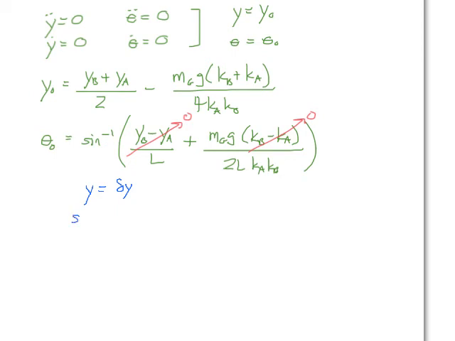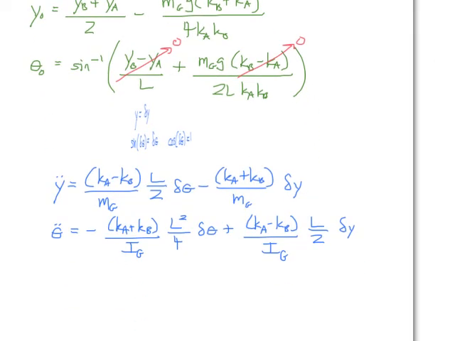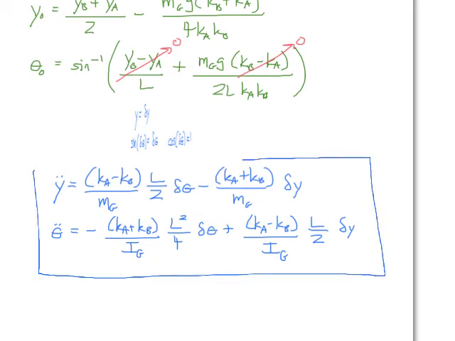So we say that sine of a small angle is equal to that small angle itself, and then cosine of a small angle, so delta theta, is equal to 1. And when we apply these to our equations of motion, we get much nicer looking equations, of course, and this is considered linearizing the equations.